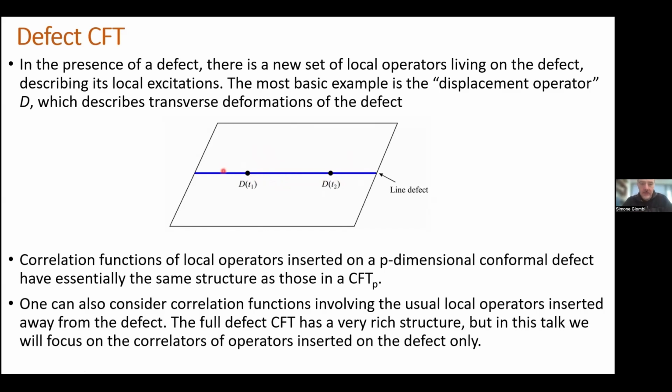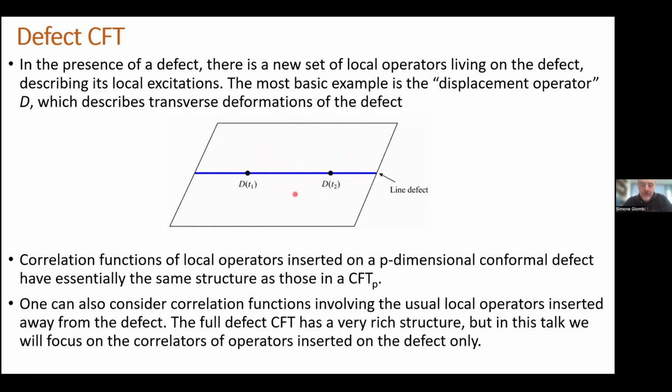And the structure of the correlation functions of operators inserted on the defect is basically constrained by the conformal symmetry preserved by that defect, in a way which is similar to a CFT. It's basically a lower dimensional version of a CFT embedded in the larger CFT.